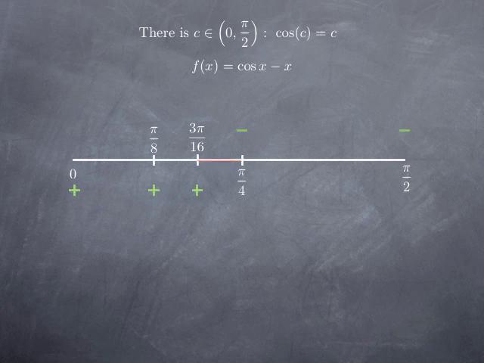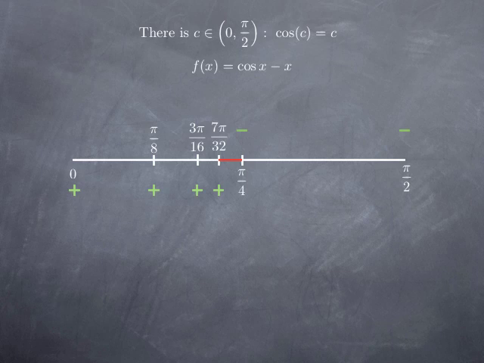Iterating one more time, the midpoint of 3 pi over 16 and pi over 4 is 7 pi over 32. If we plug that in the function f, we obtain 0.08, so again a positive value, which tells us that the 0 must be in this interval between 7 pi over 32 and pi over 4.